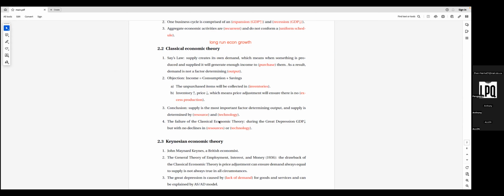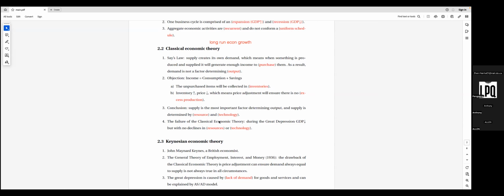But the problem is classical theory isn't right for a short-run situation. Let's have a more realistic example. Usually when we think about our life, we are considering a shorter time interval.